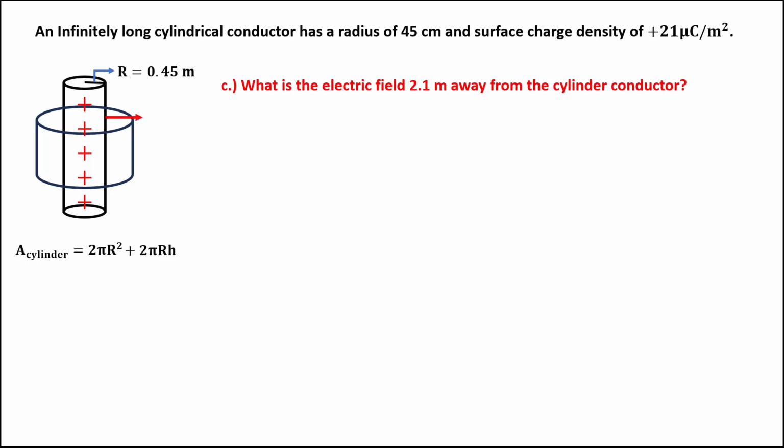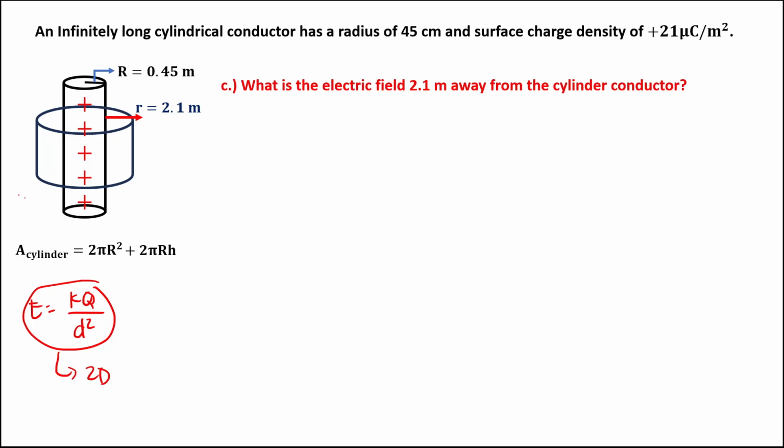So this is 2.1 meters away from the cylindrical conductor. Since this formula for the electric field, that's K times the charge over the distance squared or the range squared, we can only use this formula for 2D or two-dimensional.